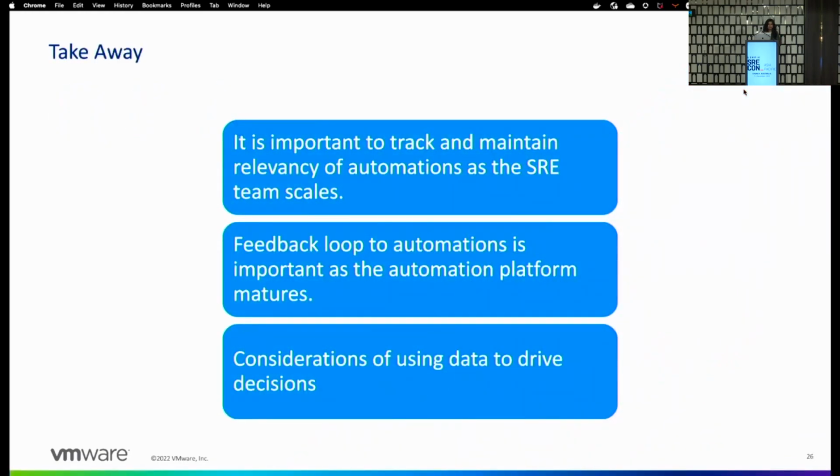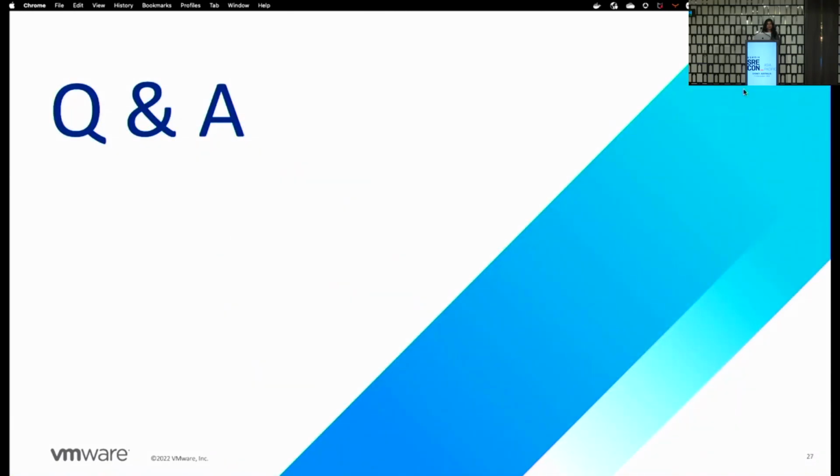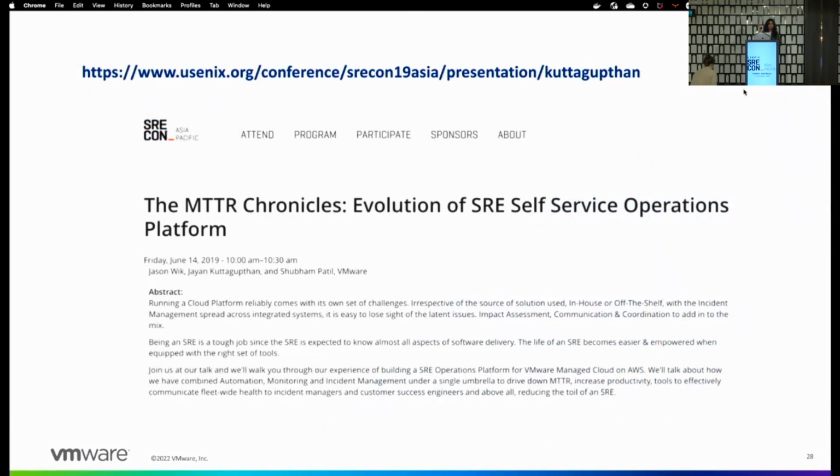So yeah, that's all I had, and this is kind of a part 2 of something that we had presented in SREcon19. So 2019 was when we started building the automation platform.